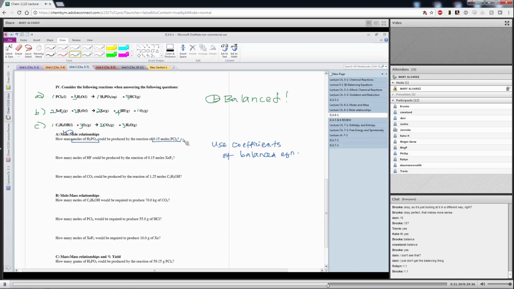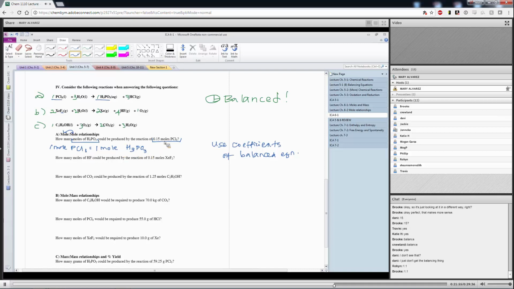Robin and Brooks, exactly. I've got 1 PCl3 for every 1 H3PO3. So 1 mole PCl3 will react with, or for the purposes of this equation, is equivalent to 1 mole H3PO3. Pardon, not react with, but will produce. 1 mole of PCl3 will produce 1 mole of H3PO3.